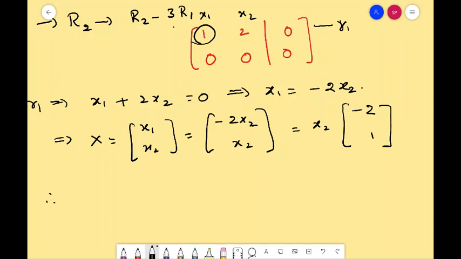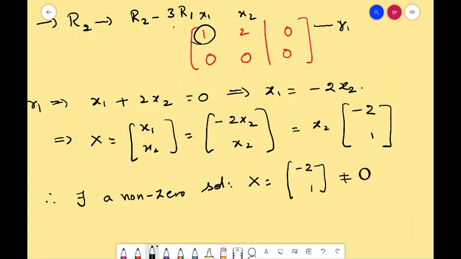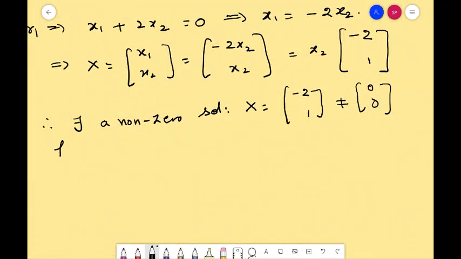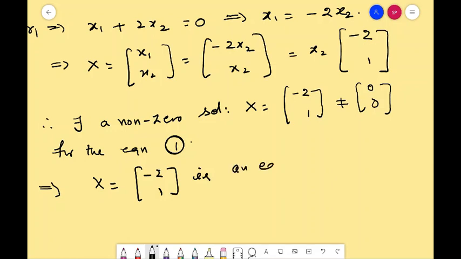Therefore, there exists a non-zero solution x is equal to minus 2, 1, not equal to 0, 0, for the equation. x is equal to minus 2, 1 is an eigenvector corresponding to lambda is equal to 2 for A.